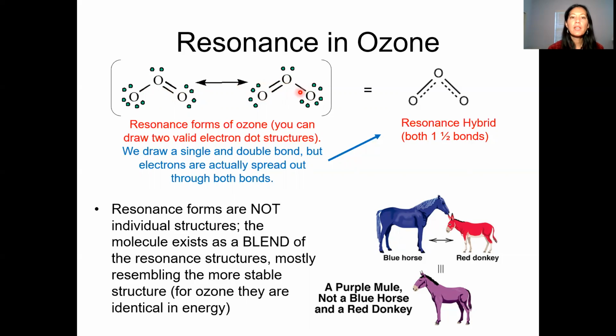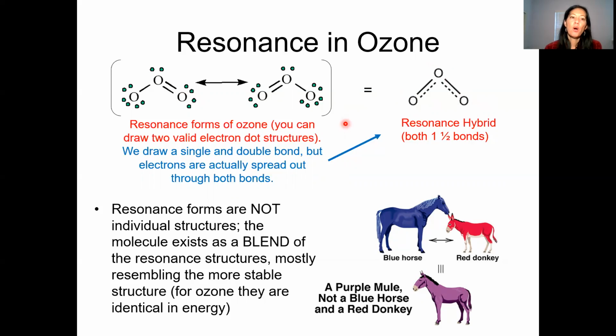So in reality, as chemists, we like to draw these really finite structures to get a good picture of something. But in reality, there is only 1 molecule and it exists as a blend. It doesn't have single and double bonds. It's a blend of 1.5 bonds for those OO bonds.